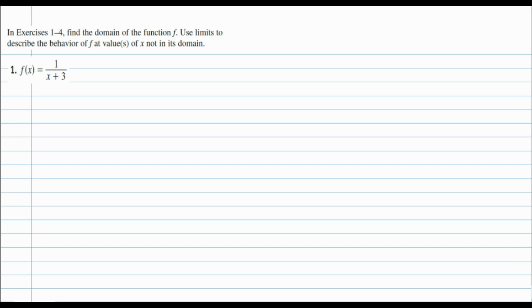The now try problem for example 1 is number 1. Find the domain of the function f. Use limits to describe the behavior of f at values of x not in its domain. So let's first identify the domain. That's going to be negative infinity to negative 3, and then negative 3 to infinity. I'm not going to graph this one on my calculator because I know very well what it looks like.